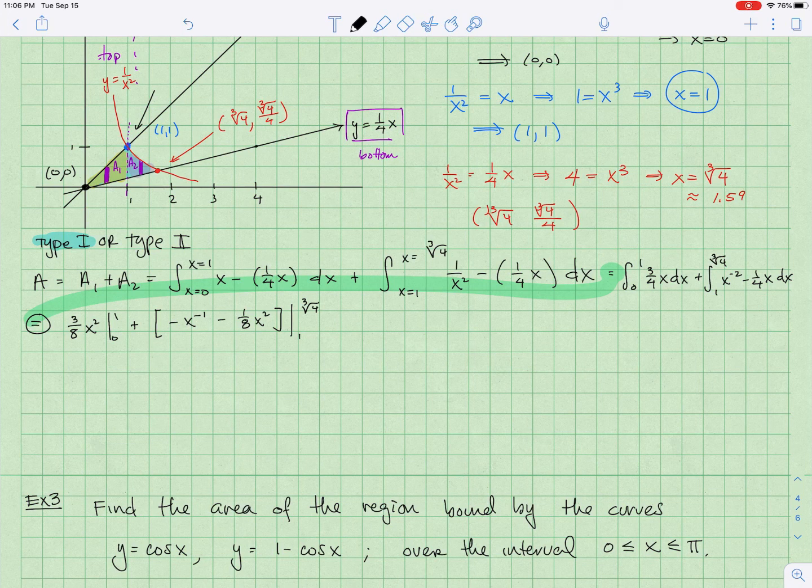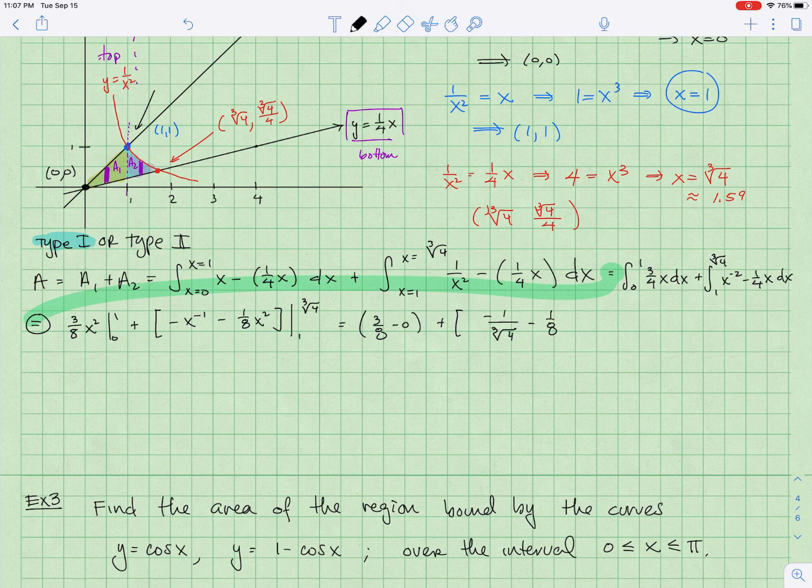And when we begin to evaluate that, we're going to get 3/8 minus 0 plus, when we plug in the cube root of 4, negative 1 over the cube root of 4 minus 1/8 times the cube root of 4 squared.